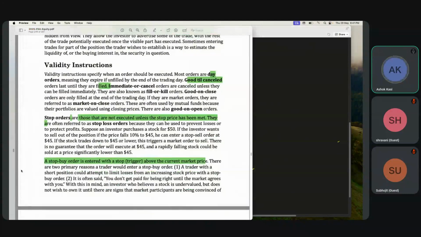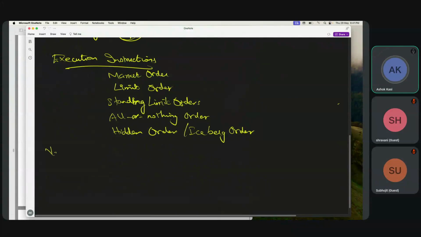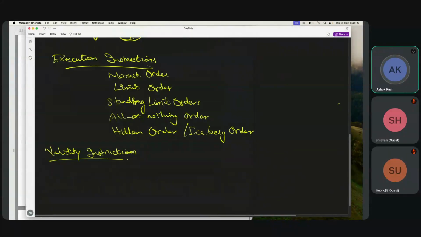Then validity instructions. Under validity instructions: day order, valid till the end of that day; or good till cancel, GTC.